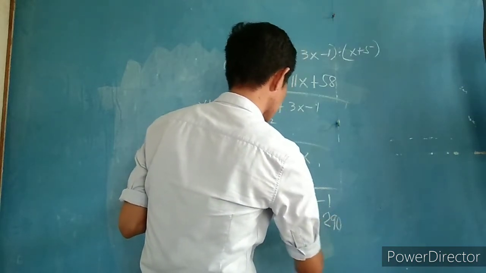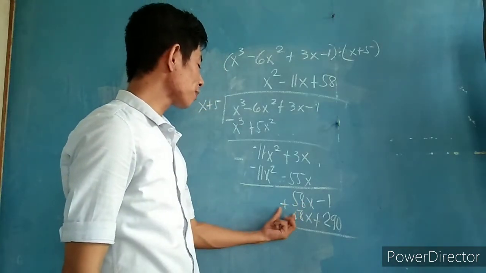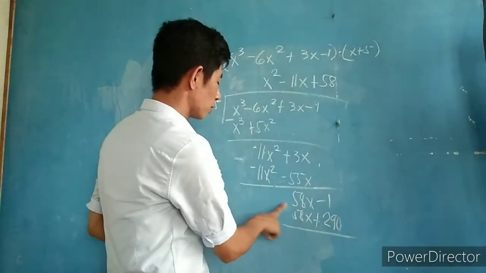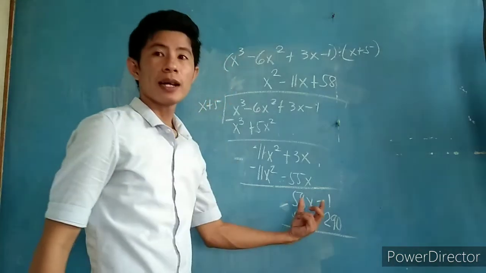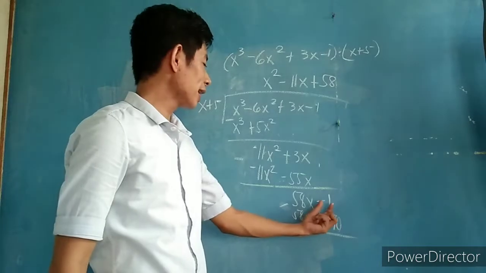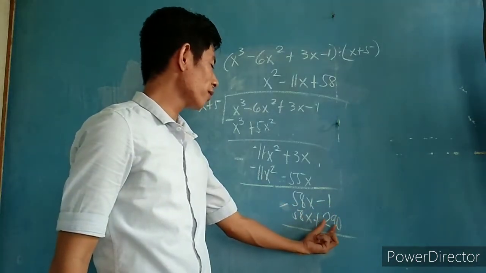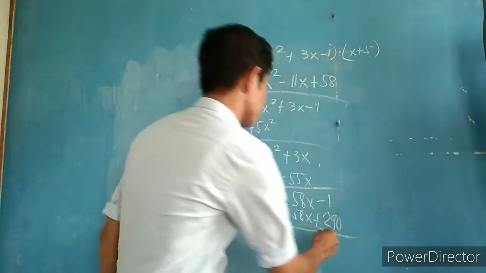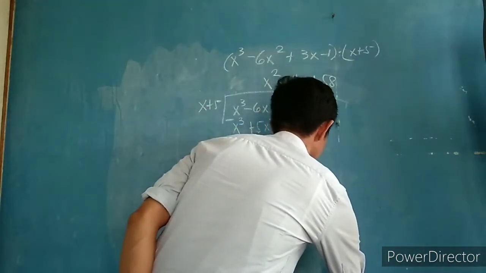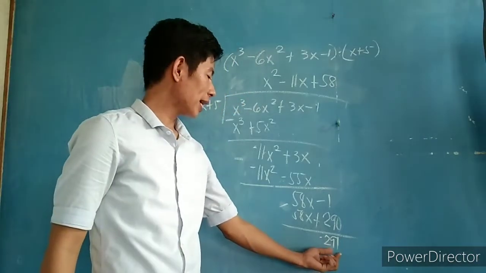Then proceed with subtraction. 58x minus 58x is 0. And then negative 1 minus 290 is negative 291. So therefore, we have a remainder of negative 291.